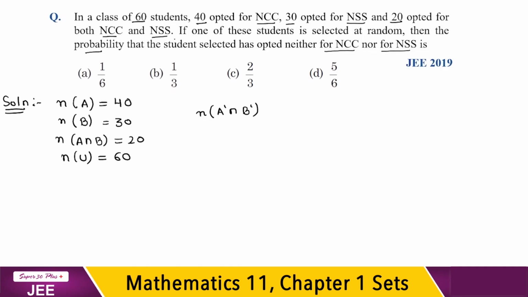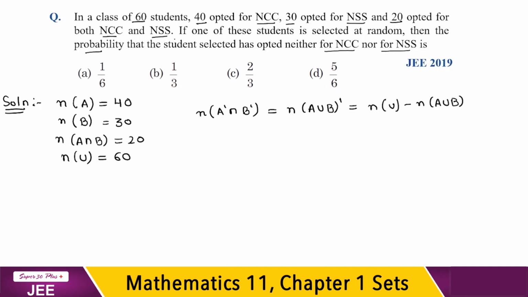Now this can be calculated with the help of De Morgan's law. n(A' ∩ B') will be n((A ∪ B)'), and again we can write it as n(U), that is the number of elements in the universal set, minus the number of elements in A ∪ B.